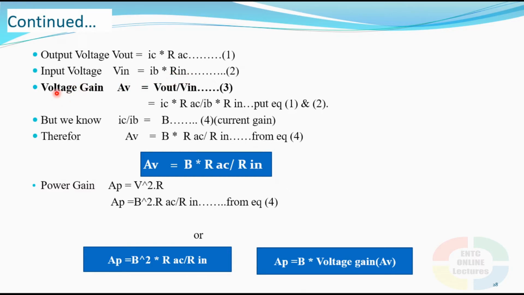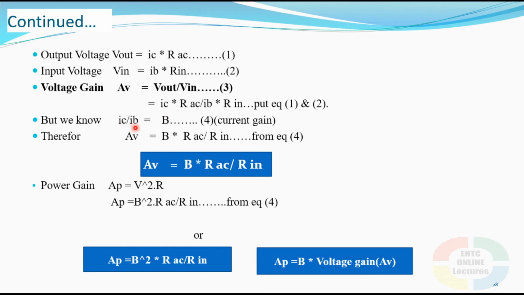Then we can find the gain of the amplifier, given as AV, and AV is nothing but the ratio of output voltage to the input voltage. But we know the values of Vout and Vin from equations 1 and 2. Put all the values of Vout and Vin from equations 1 and 2, then we get this equation.